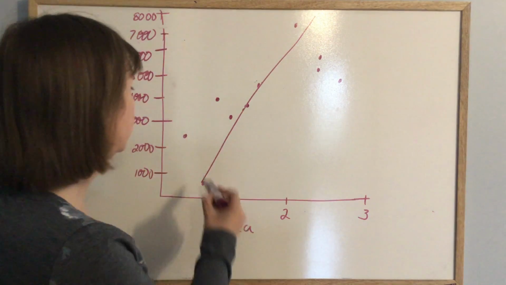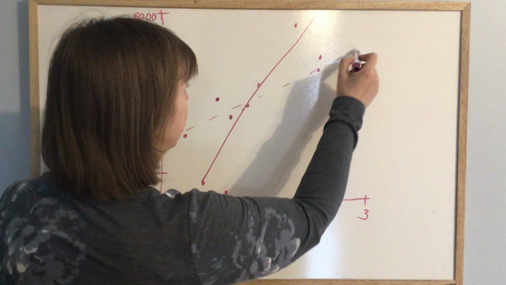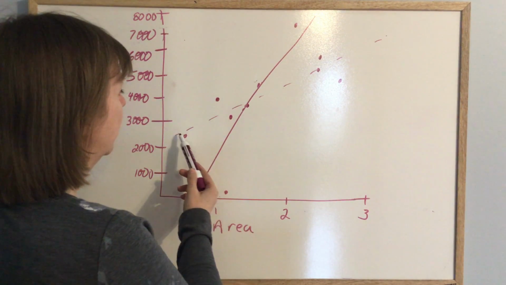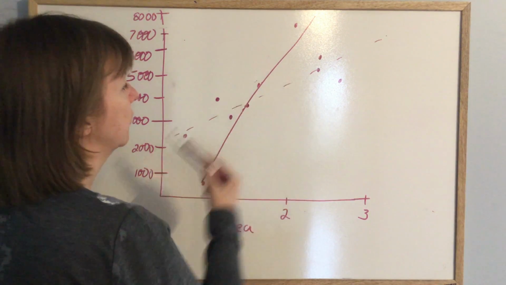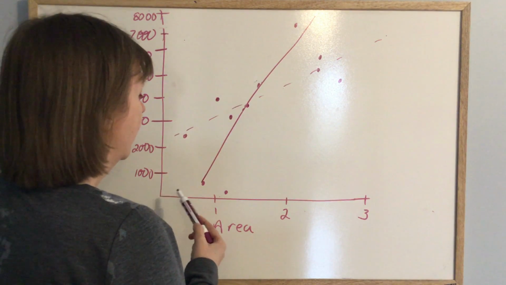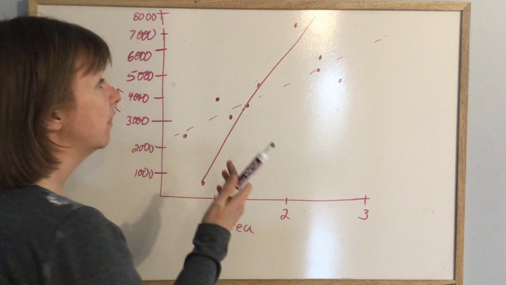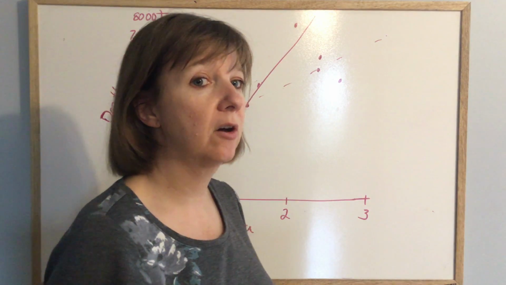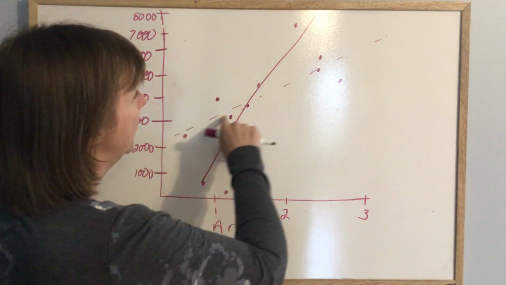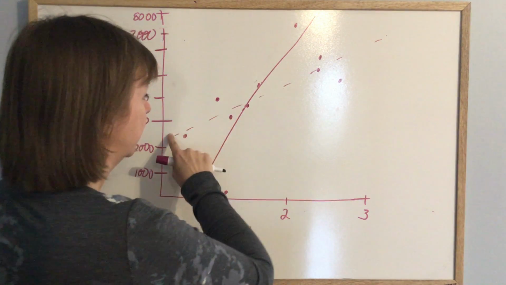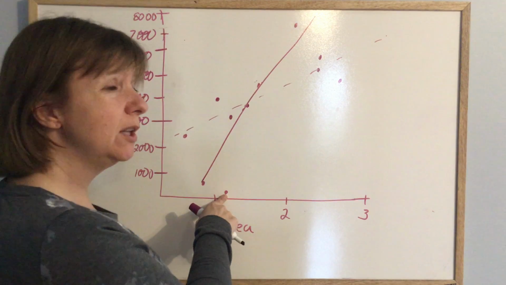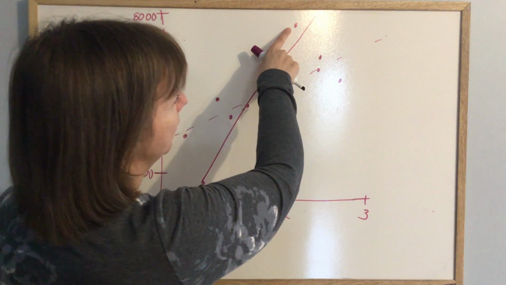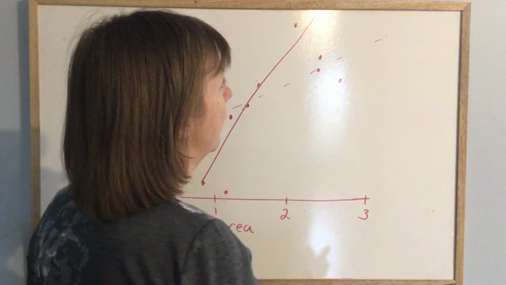Now, I might see somebody try and do it like this. But if you go that way, you really have only gone through a couple of dots. And you want the line to be as close to as many dots as you can make it. If you made it where this dotted line is, this dot's really, really far away from your line of best fit. And this dot would be really, really far away.